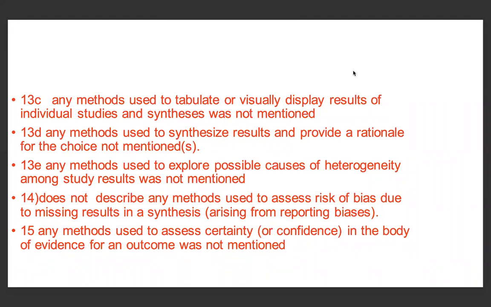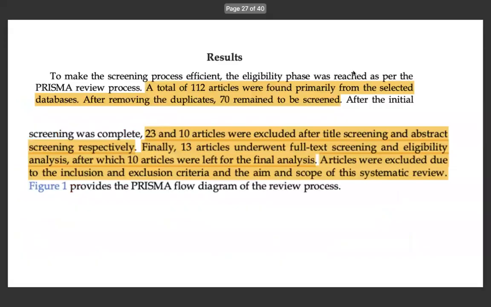Any method used to synthesize results and provide a rationale for the choice was not mentioned. Any method used to explore possible causes of heterogeneity among study results was not mentioned. It does not describe any method used to assess risk of bias due to missing results in the synthesis. Any method used to assess certainty in the body of evidence for an outcome was not mentioned.